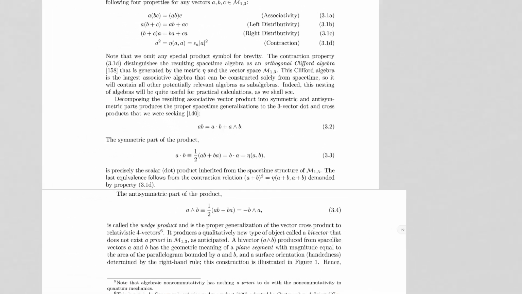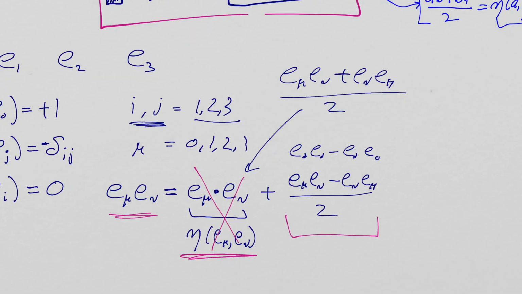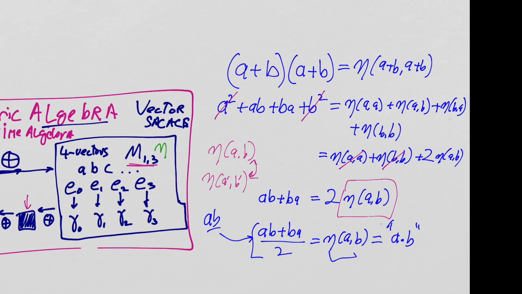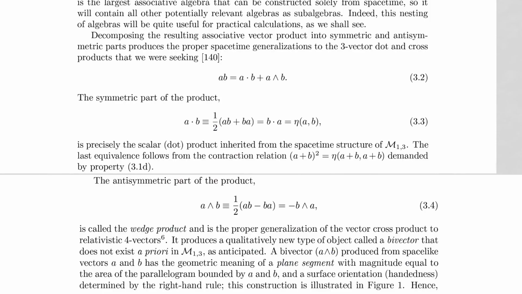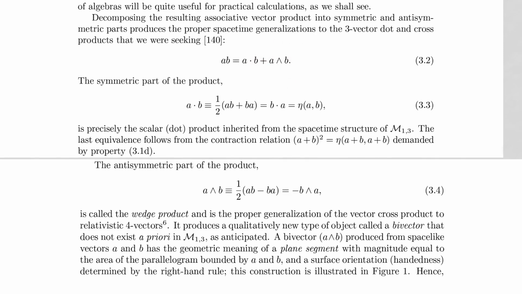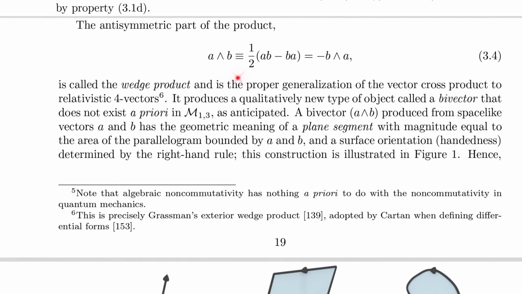We broke down this product exactly as they asked and concluded that the symmetric part was in fact the classic dot product using the Minkowski metric. So we validated this statement. The next part is to understand this second piece, this wedge product piece, which is obviously the anti-symmetric part of the product. And we'll start getting into that next time.